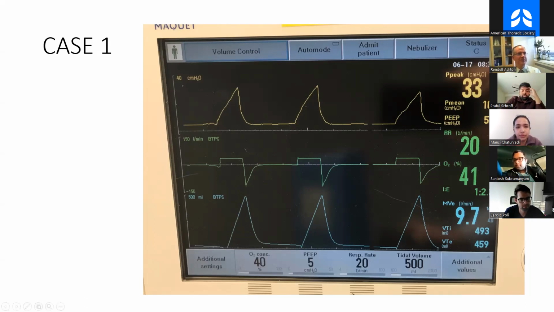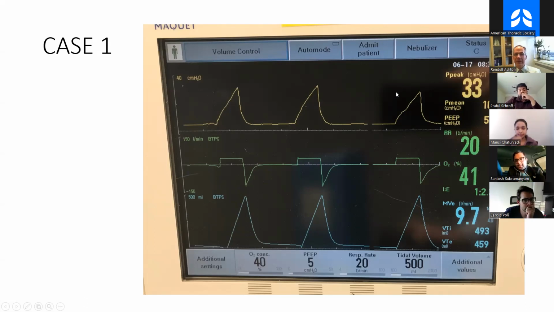Anyone talking? It's volume control set at 500 cc's. And how did you tell that? You're right. The peak of the volume time wave is the same, and the pressure is varying with every breath. Okay, good. So one clue is that the pressure seems to be different from breath to breath.